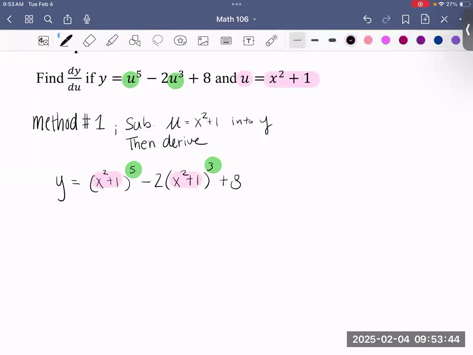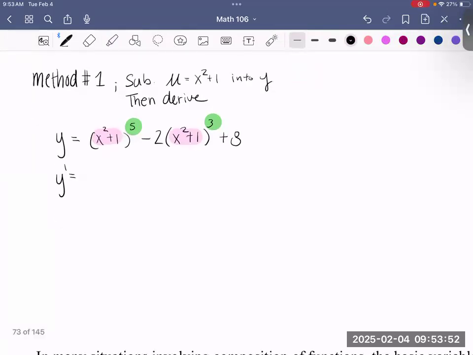Now that it's in there, we can go ahead and derive y. Using the chain rule to derive y, we can think of that treasure chest, breaking open your lock. Now that the power rule has been completed, you've broken open your lock, you're lifting up the lid, we can go ahead and derive the inside.